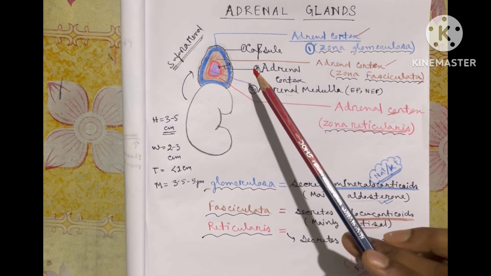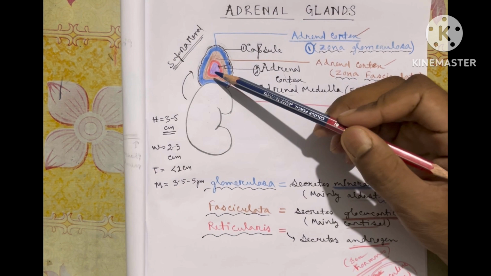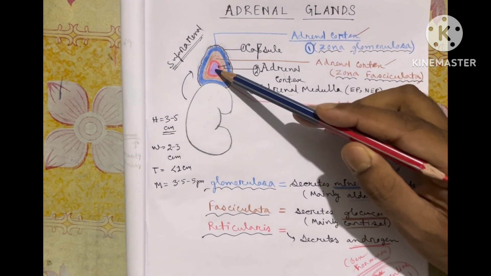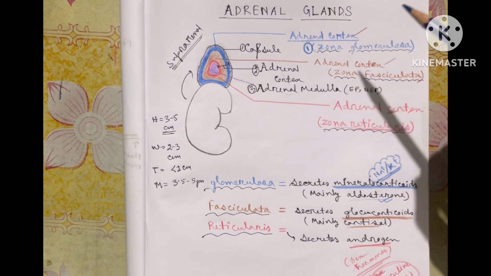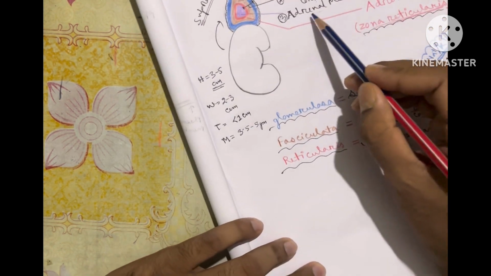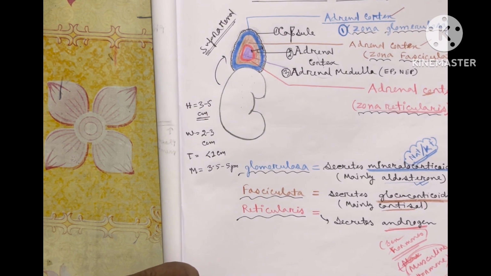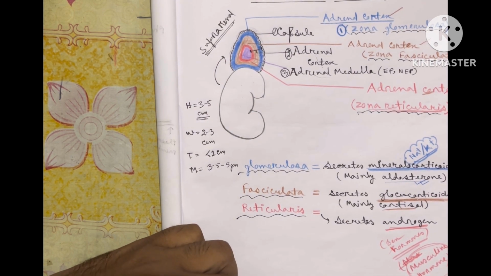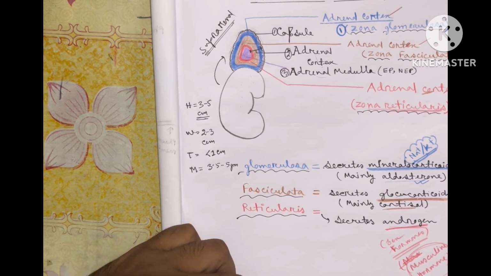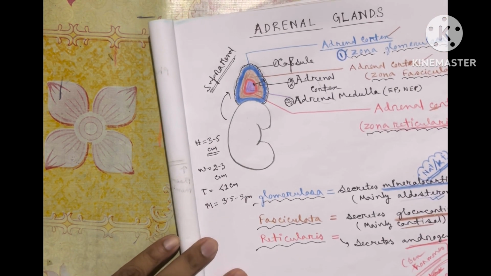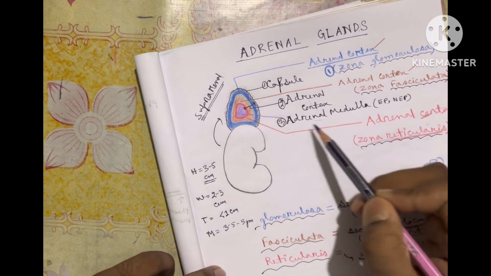And one more thing: the most inner portion is called the adrenal medulla, the purple color. Suppose this is the color.